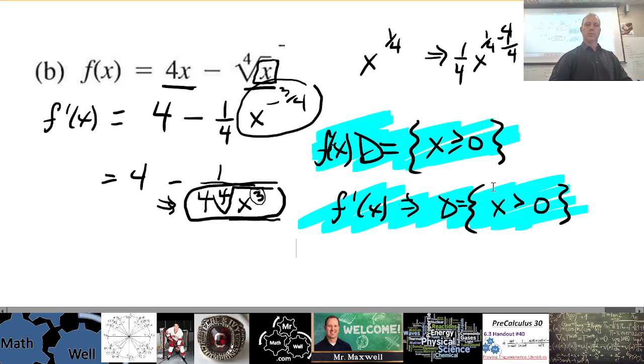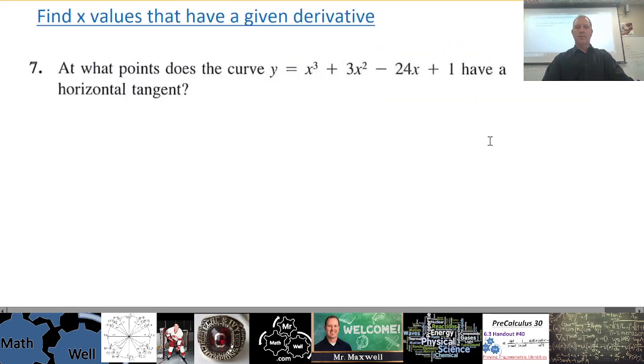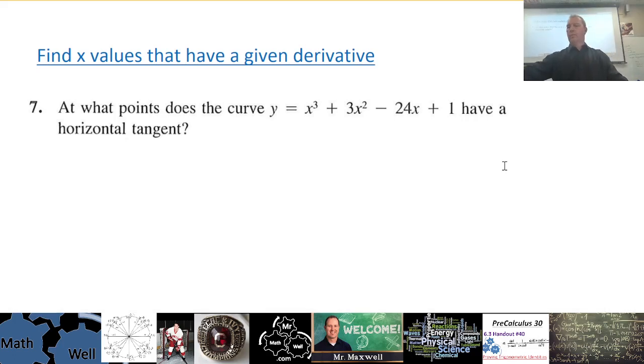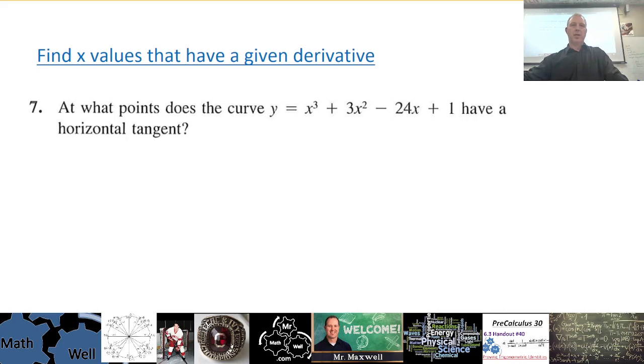Okay, finally, the last part of this lesson here, find x values that have a given derivative. These last couple questions are part of your assignment, so I'm just kind of helping you with your assignment here. So go ahead and jot that down. Okay, as you finish jotting that down here, let me just give this a start for you.